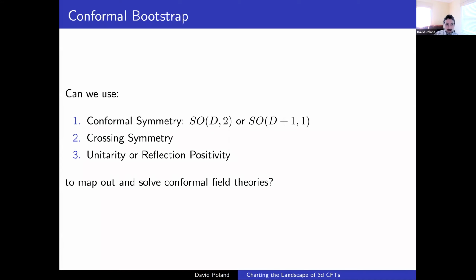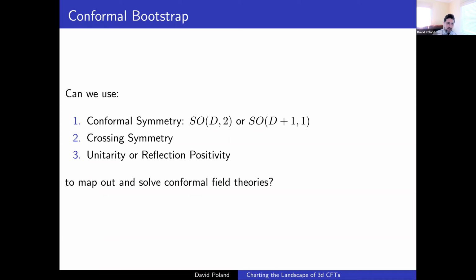The hope behind the Bootstrap is that you can use this additional symmetry in conformal field theories, which in d-dimensional theories is SO(d,2) or SO(d+1,1), depending on whether you're in Lorentzian or Euclidean signature. In addition, you can try to use constraints like crossing symmetry, which tell you that if you take correlation functions and expand them using the operator product expansion in different channels, then those expansions had better be equal to each other.